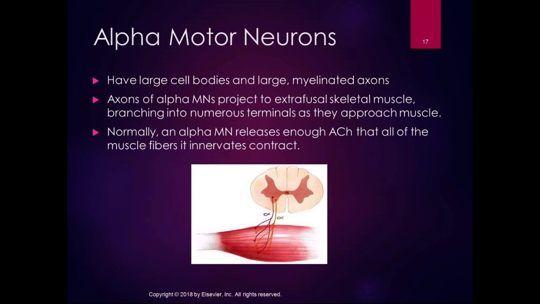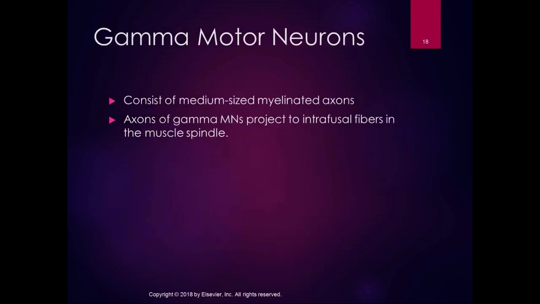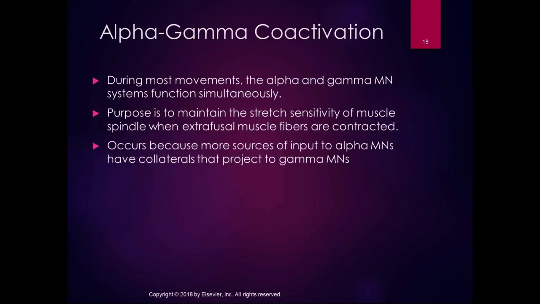The gamma motor neurons have medium-sized myelinated axons, and those all project to intrafusal fibers in the muscle spindle. We'll talk about why that's important. Gamma and alpha work together.